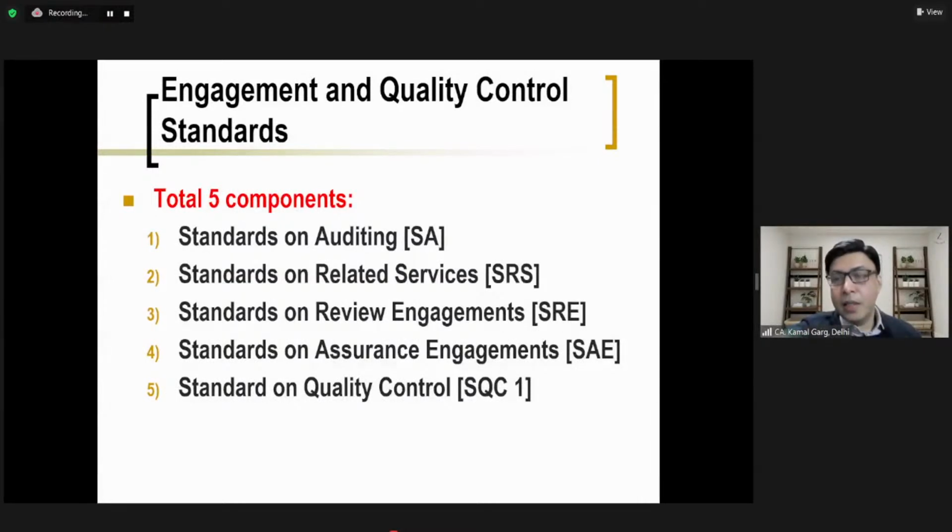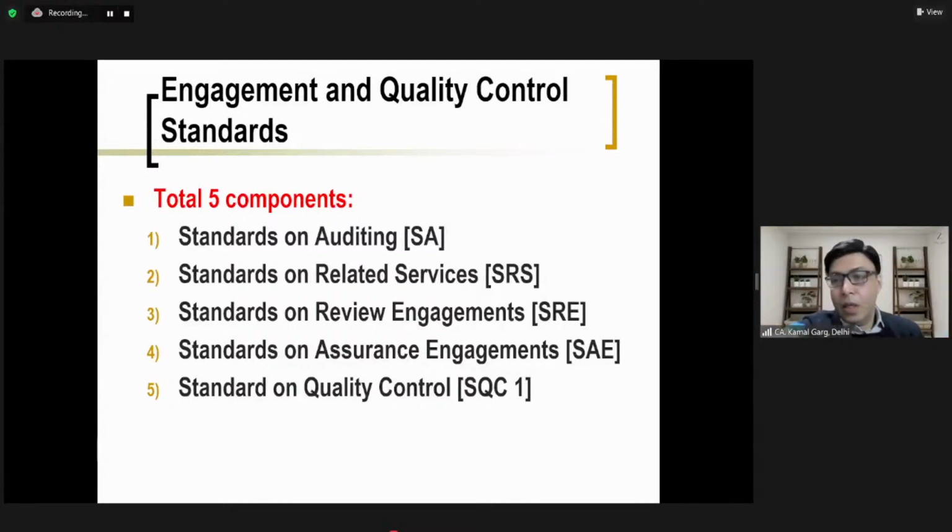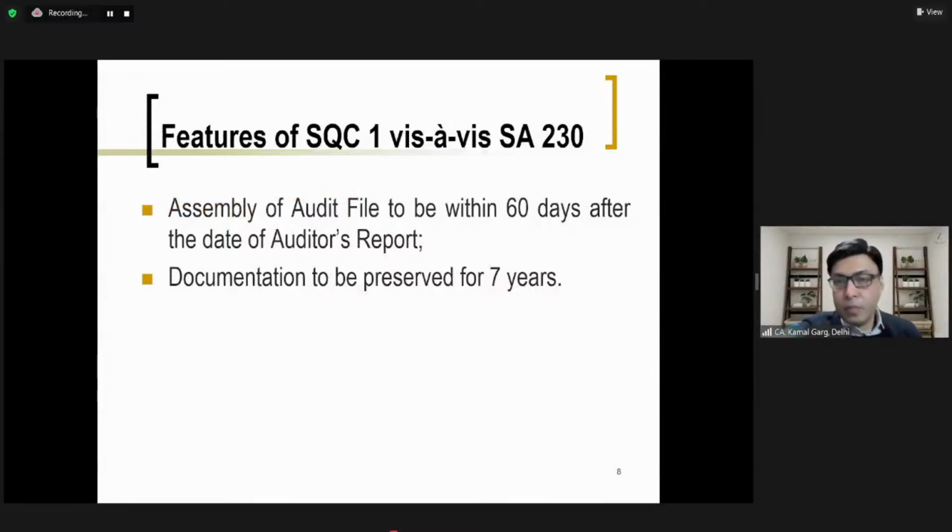And question number 2 is, you will not complete your audit in one go. You need to make several visits to the client's place. So on each day, you will be preparing some working papers. Once the audit is completed, you will bind them in a file at one place. So what is the time period for that binding? For this purpose, SA 230 is silent. We have to go to SQC 1. Now see what SQC 1 says.